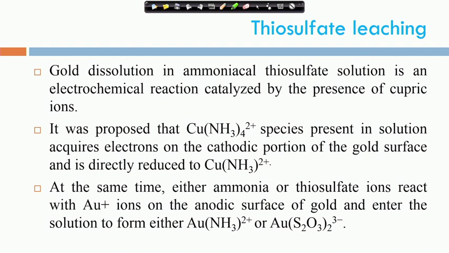Since it's positively charged, it will acquire electrons, and then it will get reduced. At the same time, either ammonia or thiosulfate ion will react with gold to produce a gold ammonia complex or gold thiosulfate complex. So now you have gold in solution, and then you can try to extract gold from the solution.